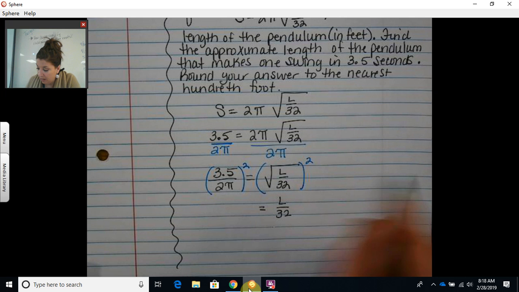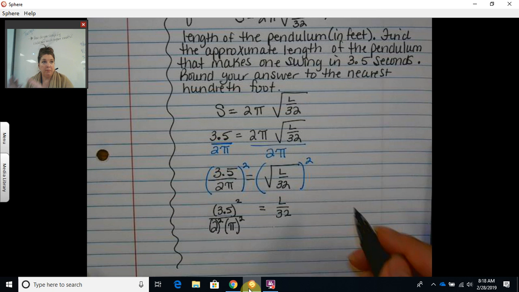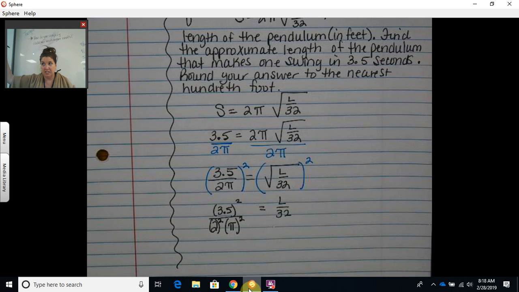Doesn't that mean that 3.5 is being squared, and 2 is being squared, and pi is being squared? That's what that means when you have a fraction with the exponent on the outside. Everything in there is being squared. It's a monomial. Me, I would prefer to simplify all those things first.